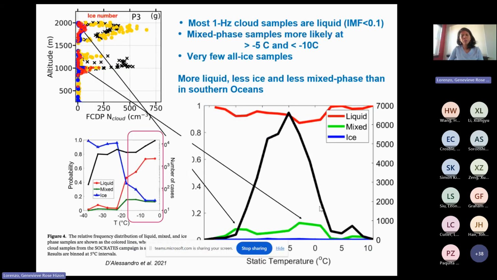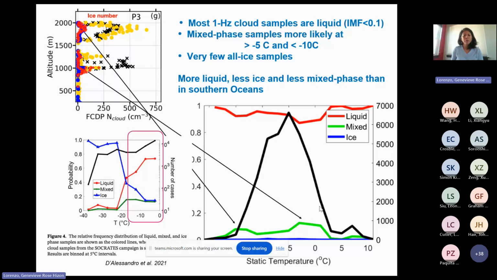So this is the plot on the lower right, of all the clouds that we see for the 63 flights. The black line denotes the number of in-cloud samples per 2-degree temperature bin, and the colors represent the contribution per cloud phase.